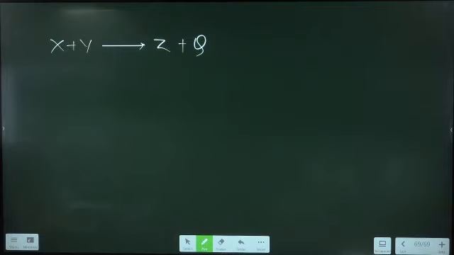Yes, practice your DAT. DAT has your NCERT theoretical questions as well as numerical questions. Both are there.